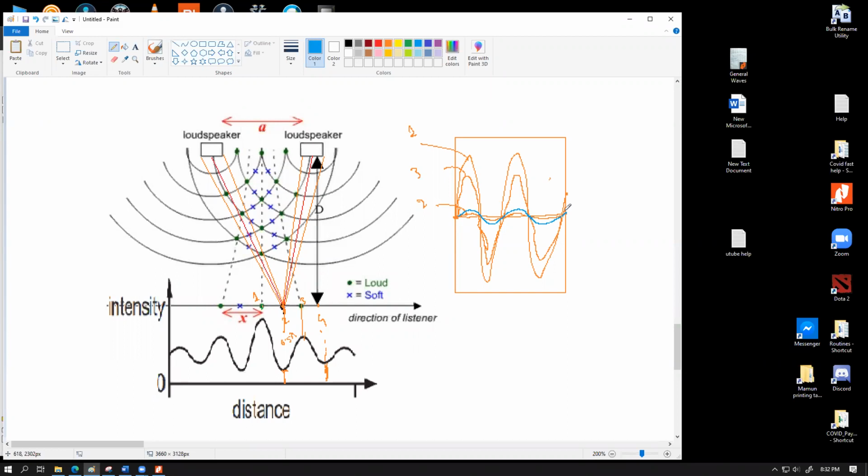Sir, apart from position number 4, why will it be louder than position number 2? Because first of all, the primary problem of this experiment is ambient sound.